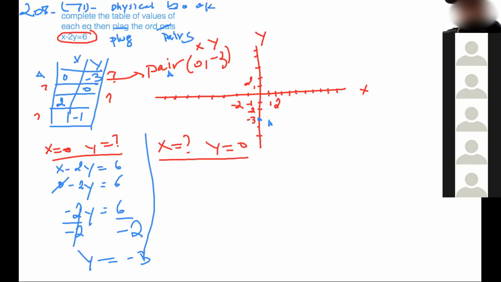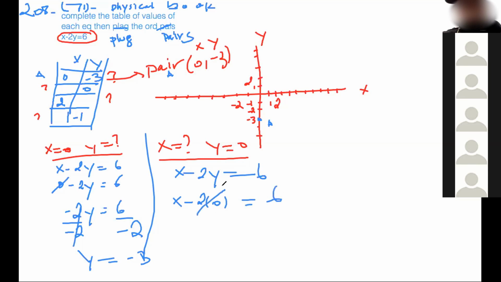So back to the equation again, same equation. We're going to plug in what we have. We don't know x, so it stays here, minus 2 times y. What's y? Y is given, y is 0. That equals 6.